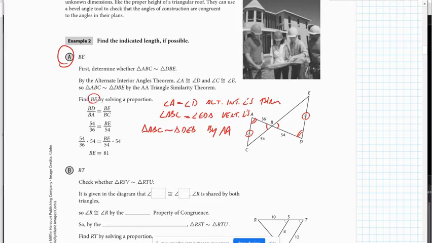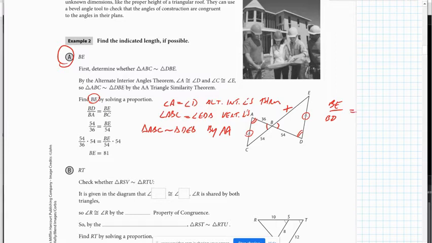So once we have the triangles are similar, then we can use proportions to find missing sides. So if I call this side X, BE is X, so we'll do BE over a side that we know, like BD.